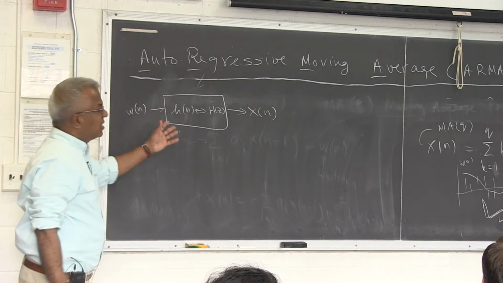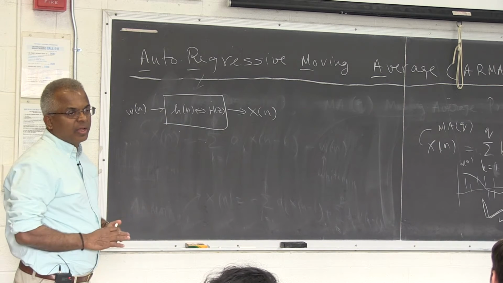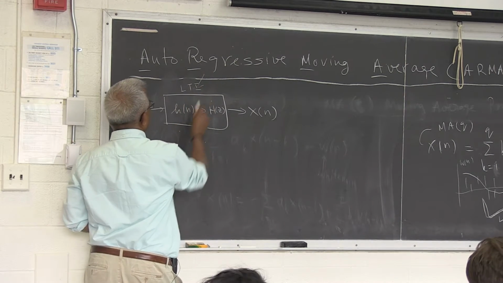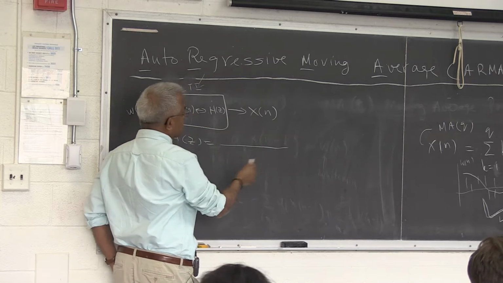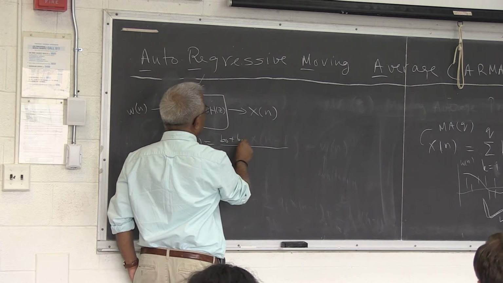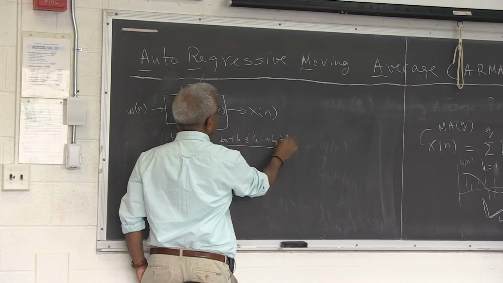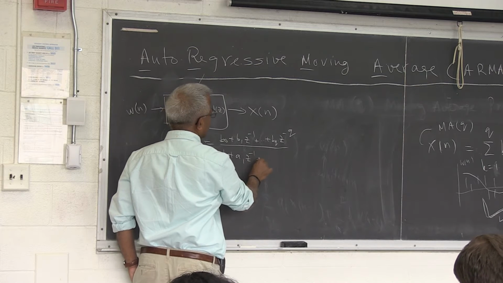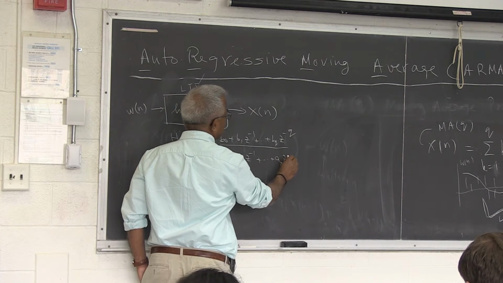So what it suddenly says is the ARMA process has this representation, if you like, of a linear time invariant system with a system transfer function given by a polynomial b naught plus b1 z inverse etc. up to bq z to the power minus q, and here you have a ratio of two polynomials.